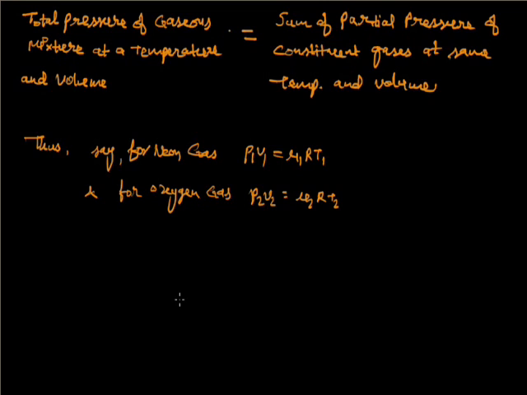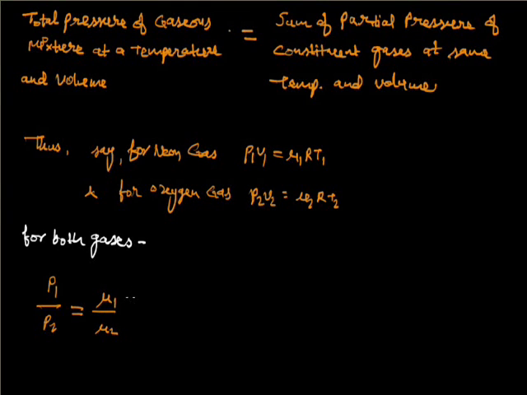Now, since we have prepared the mixture of both gases, the ratio of their partial pressures, P1 upon P2, is equal to mu1 upon mu2, the ratio of the moles of the individual gases present in the same volume at the same temperature.